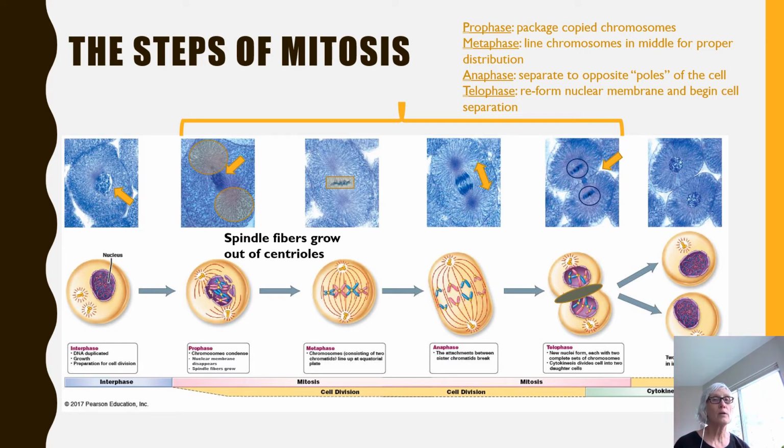Anaphase, where the chromosomes separate to opposite sides of the cell. And telophase, where the nuclear membranes reform and a contractile ring causes the initial steps of what eventually will be separation of the two daughter cells.